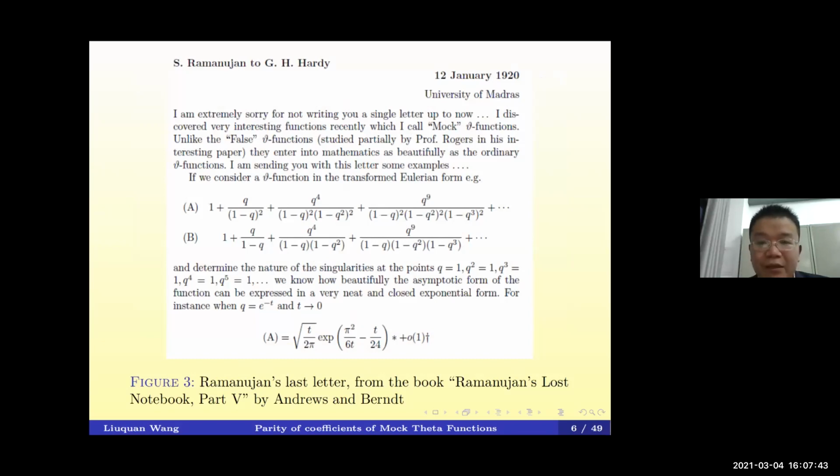The letter begins with, I'm extremely sorry for not writing you a single letter up to now. I discovered very interesting functions recently, which I call mock theta functions. Ramanujan stated in this letter 70 functions. At that time, they usually expressed the q-series sum in the Eulerian form, like A and B on this page.